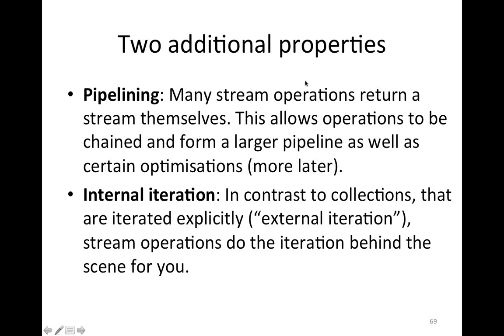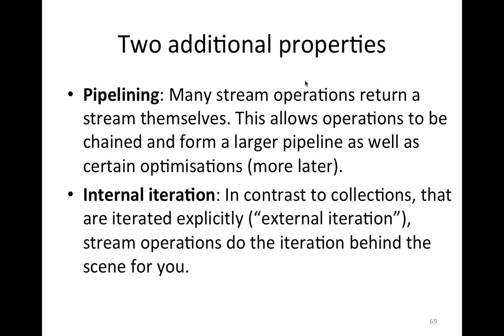Streams have two additional properties worth keeping in mind. One is pipelining, which I showed earlier with the concept of stream processing. All those operations can be pipelined together to create a larger recipe, just like you can pipe Unix commands. And this style enables certain optimizations, which we'll discuss in a moment.